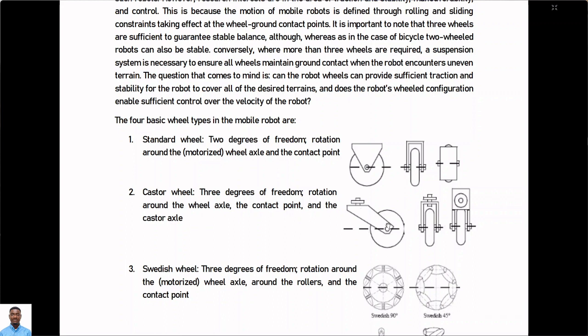So it rotates about the center of its own axis, also about the contact point, which is the ground, and also about the castor axis. However, the standard wheel only rotates about the contact point and about its own center. So this one has 2 degrees of freedom, while the castor has 3 degrees of freedom.